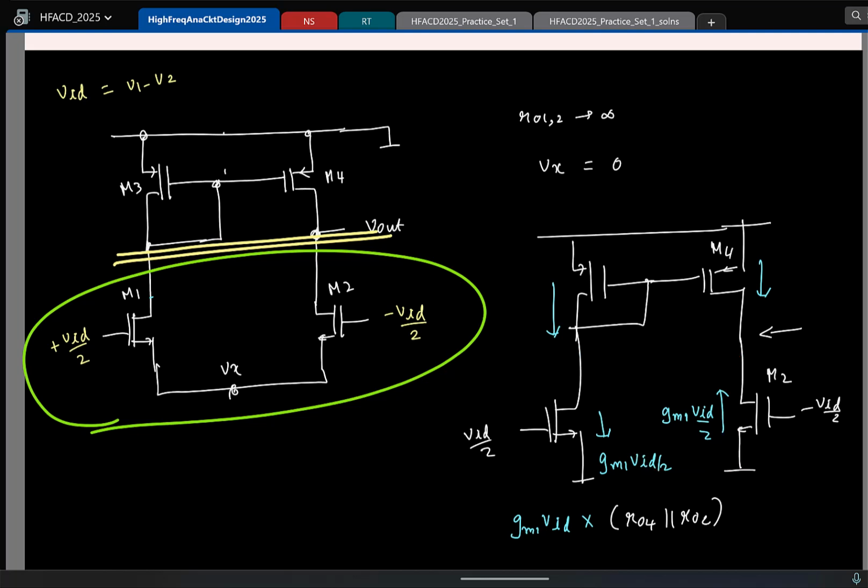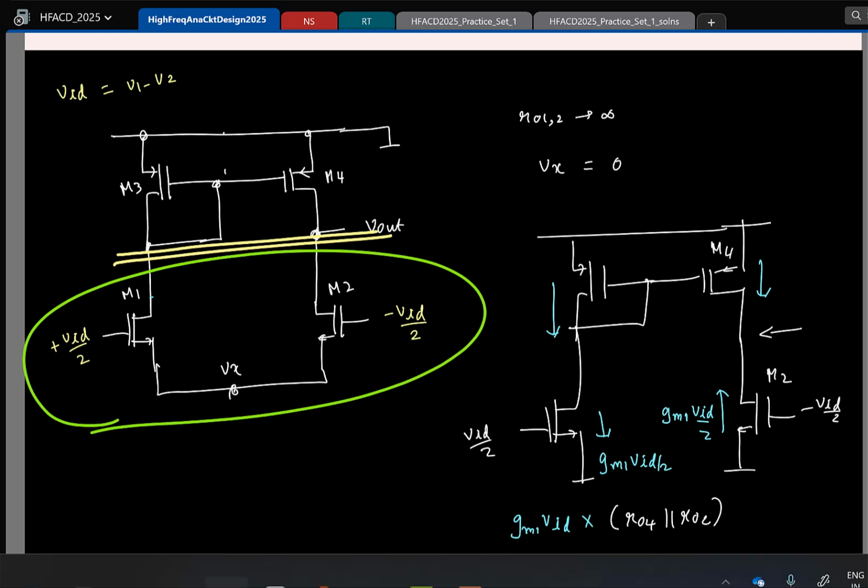Remember, here I have GM1 VID by 2 in this direction because I've applied a voltage here. It is not as though this current is flowing back. So here the output resistance is just R0 of this in parallel with the R0 of this. If I ignore R0 of these transistors, then you can do this and work it out. Okay, cool. I'll stop here and we'll resume.